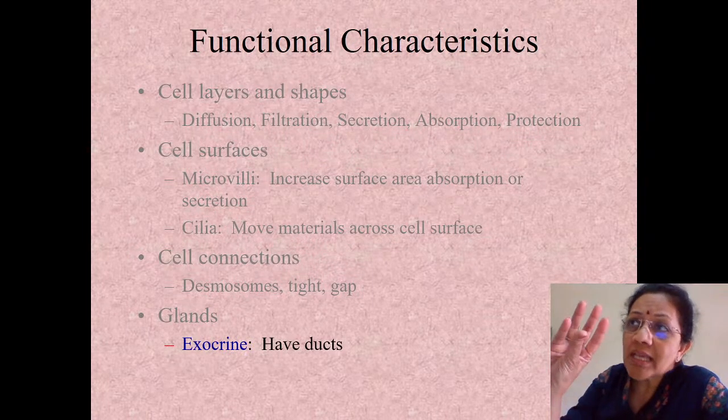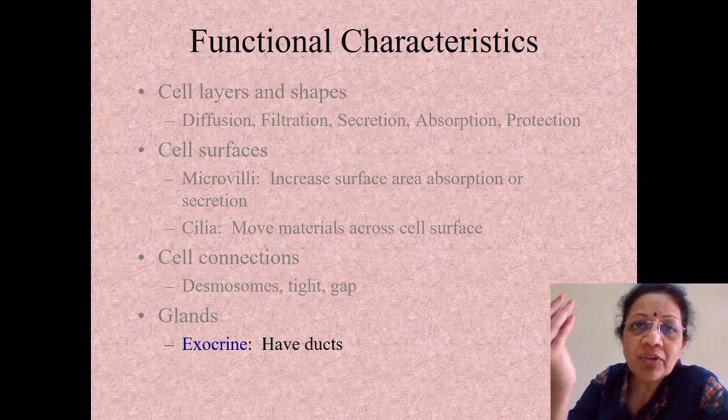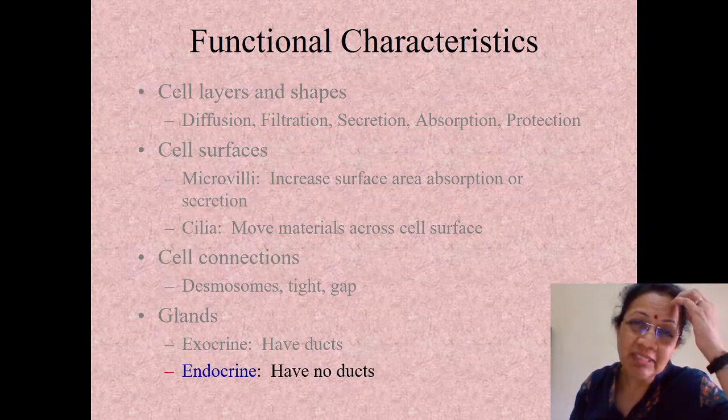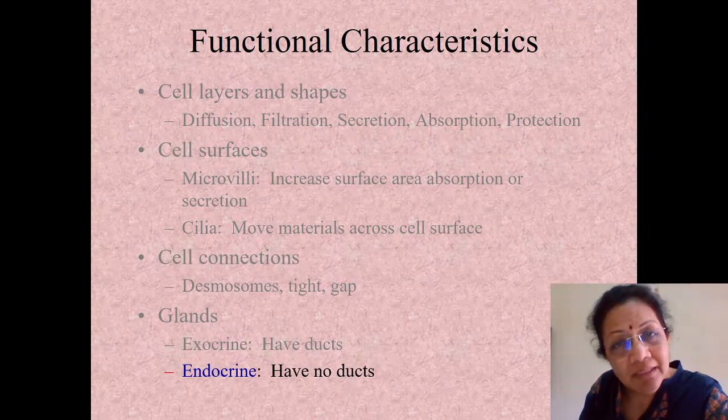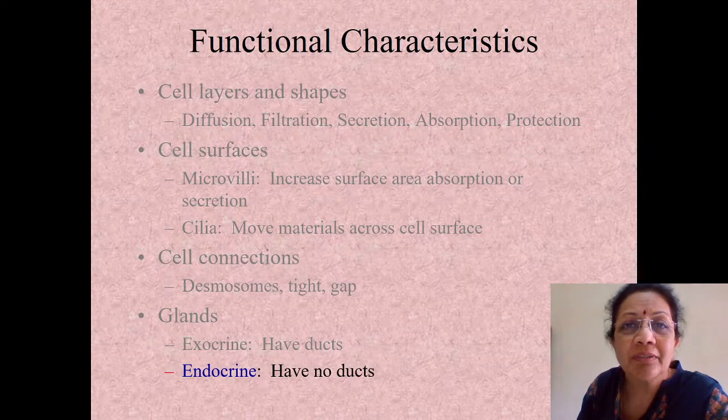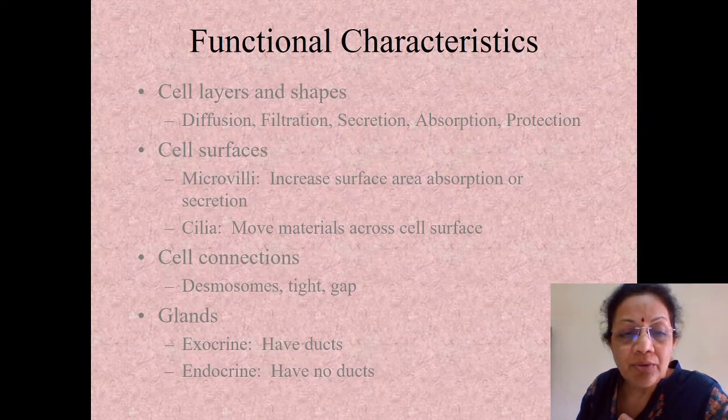If this epithelial tissue, which is of a glandular nature, also has ductular nature, then we call them exocrine glands. And if it is developed without any ducts but still does its secretion and delivers its secretion to its target organ through some other method, which is basically through the venous blood, venous drainage, then it's called an endocrine gland.